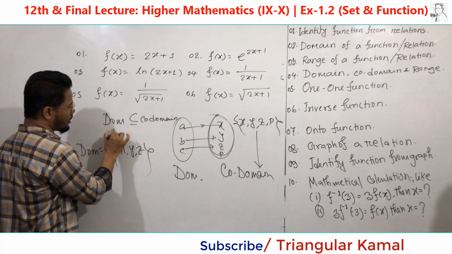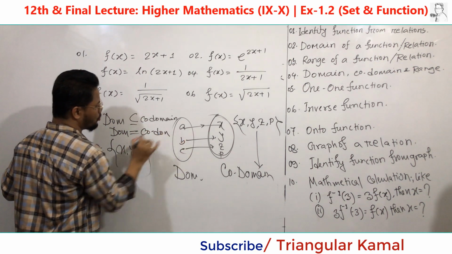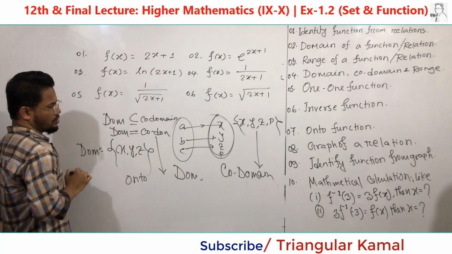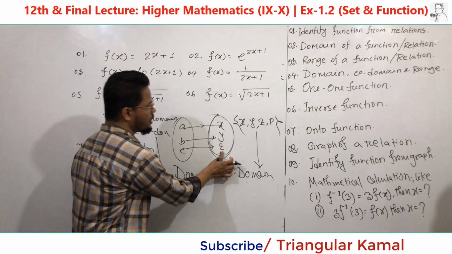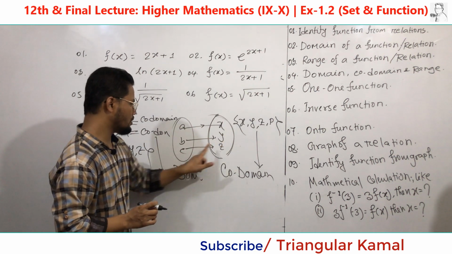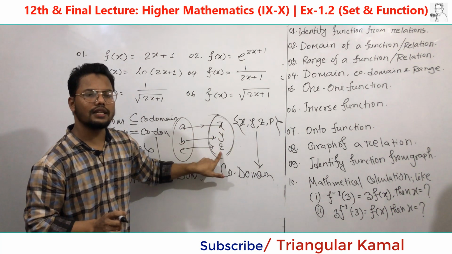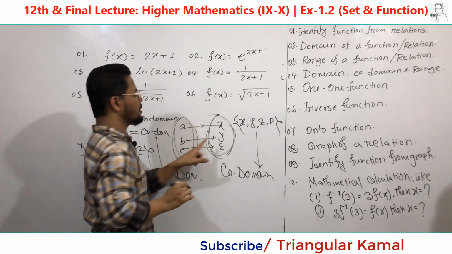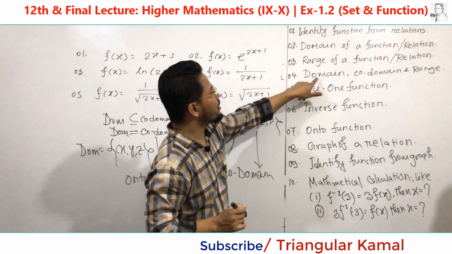And when range equals codomain, then we say this is an onto function. In the onto case, maximum times we see range equal codomain, like this one, where every element has a pre-image. So there is no single element which has no pre-image. In this case, we can say this is an onto function.